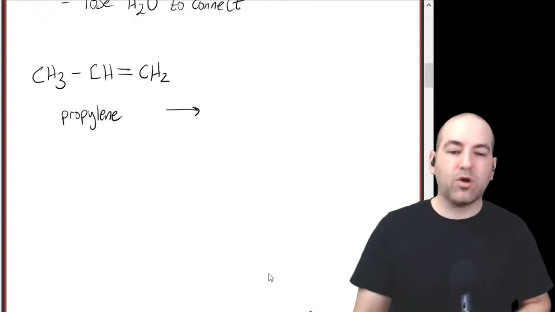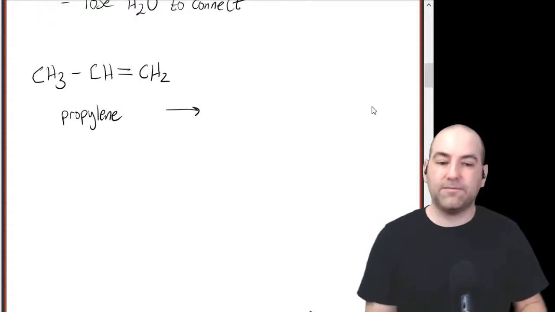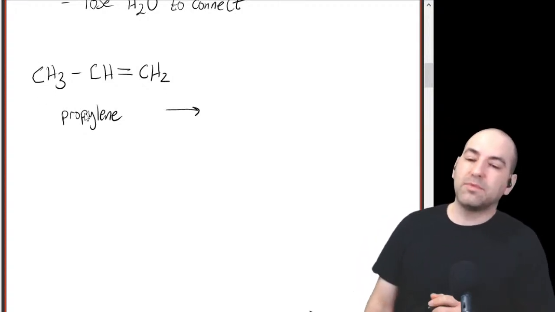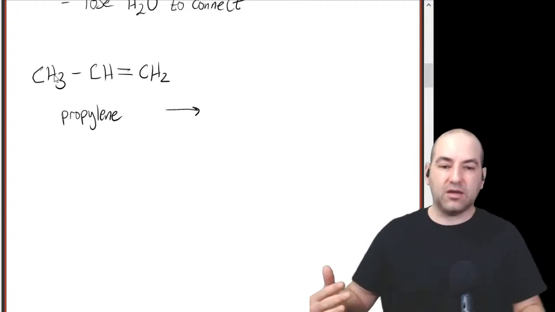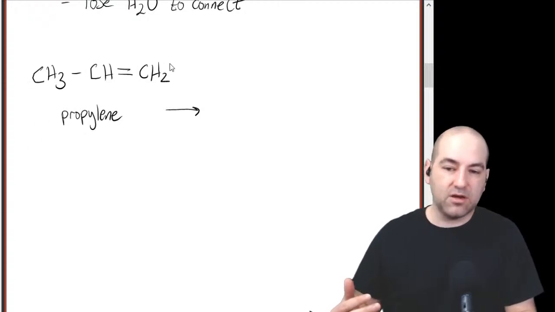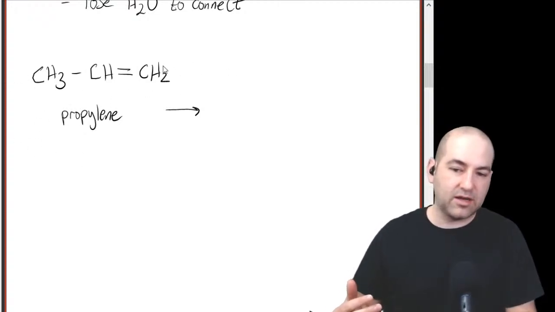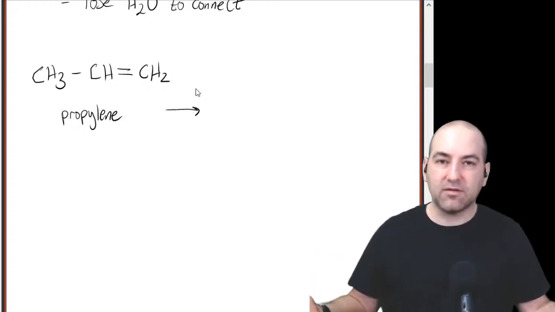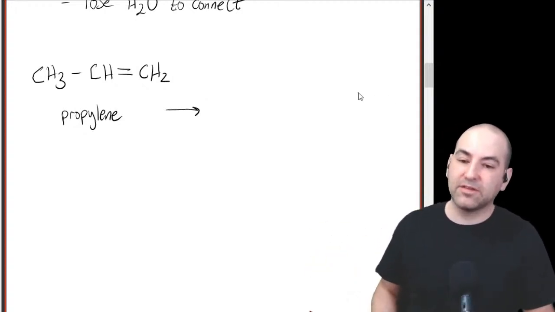And we can make polypropylene. Now let's think about how we do this. The difference here is now we have a third carbon. And so the question becomes, how do we make the chain? Is it just going to extend from the left side and the right side? Because really that would make the same thing as polyethylene. You just have this long chain of carbons. That's not how this connects.